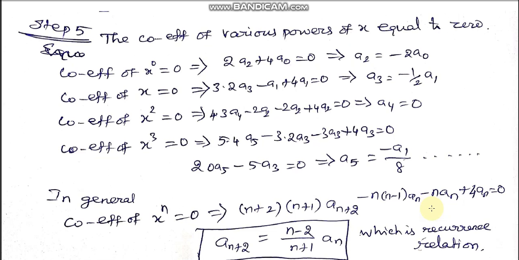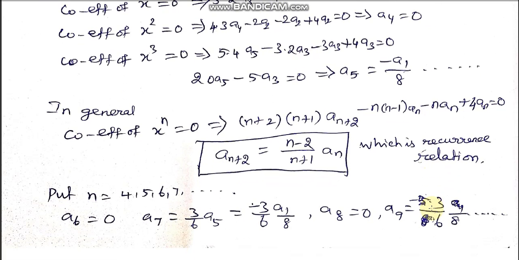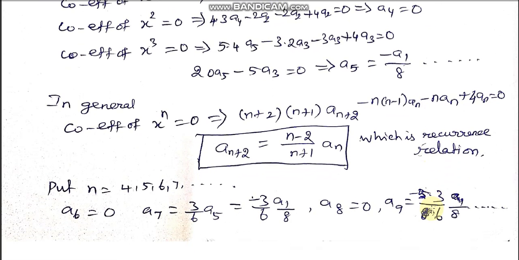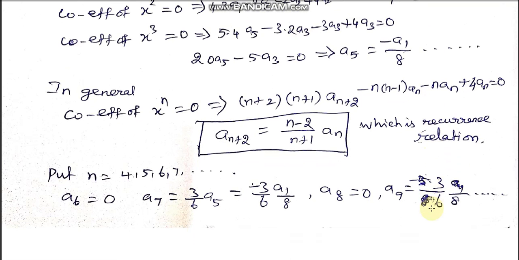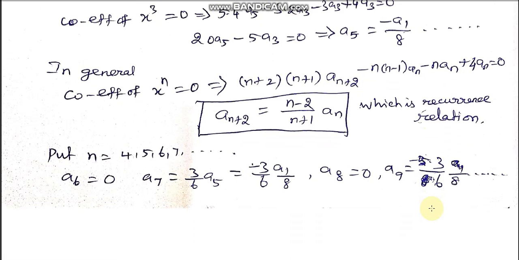So no problem. The general term can also be found easily using the coefficient of x power n. From that we find a n plus 2 equal to n minus 2 by n plus 1 times a n, which is called the recurrence relation. On substituting n equal to 4, 5, 6, 7, etc. in a n plus 2, we find the values of a6, a7, a8, a9.